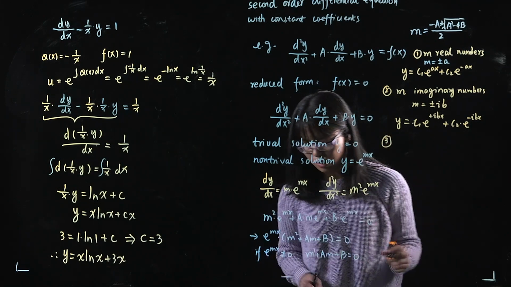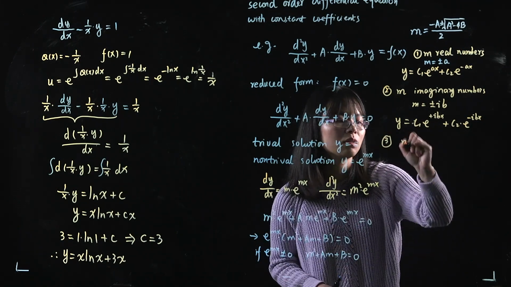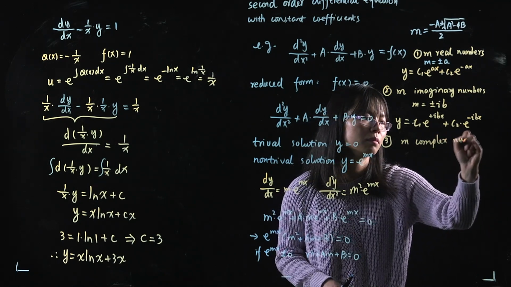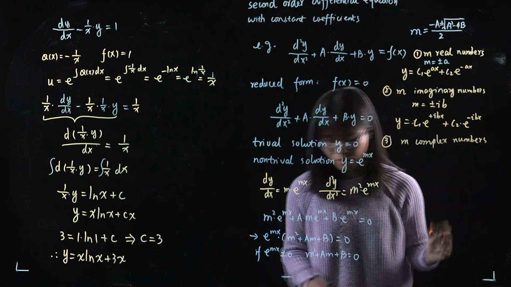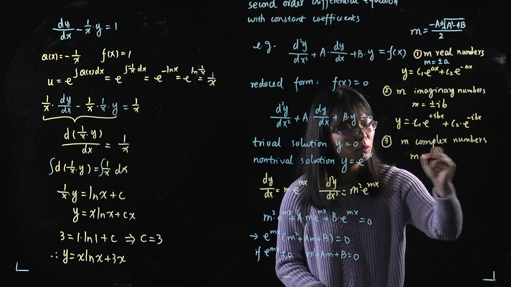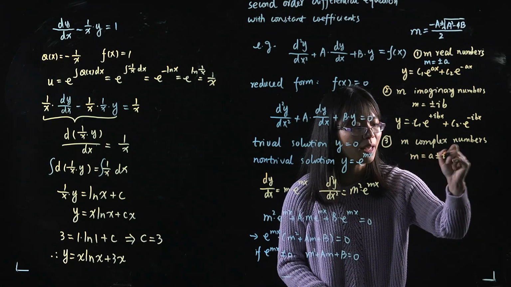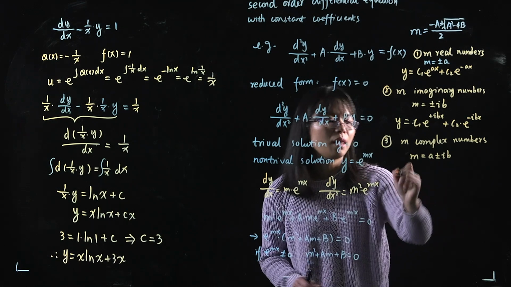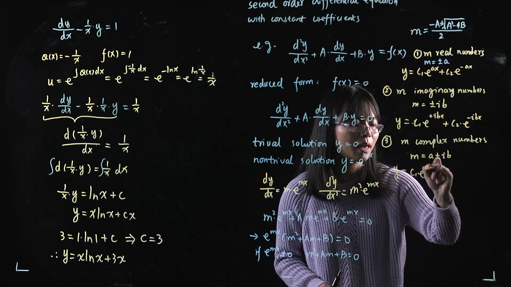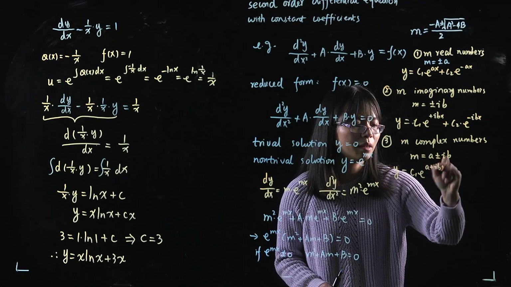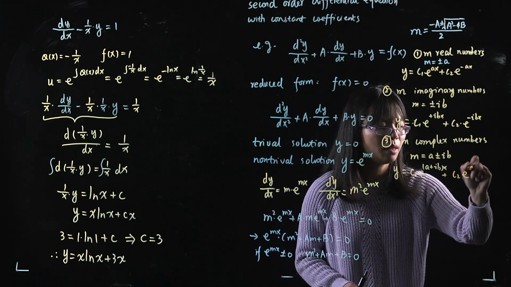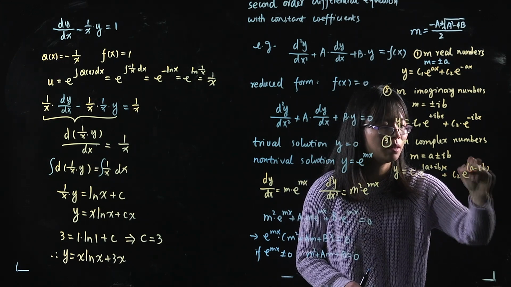The third one is when my roots are complex numbers. In that case, my roots will equal a plus minus ib. Then the solution would be y equals c1 times e^((a plus ib)x) plus c2 times e^((a minus ib)x).